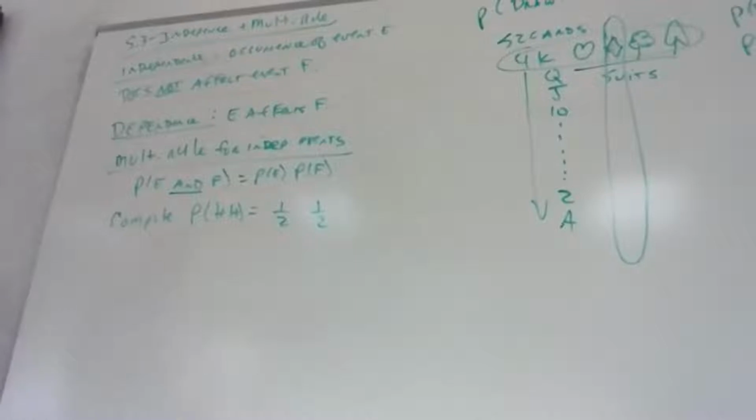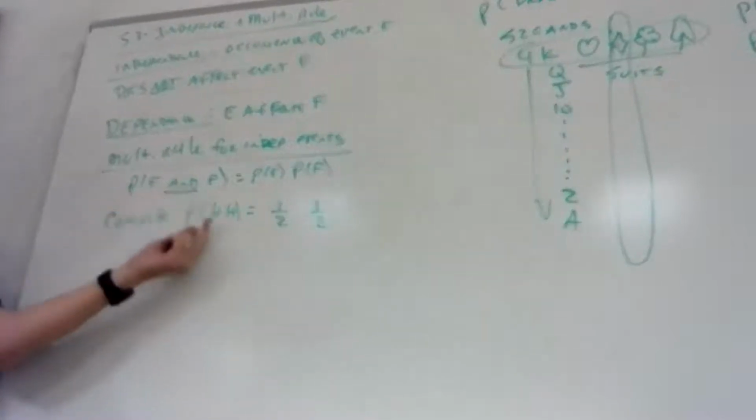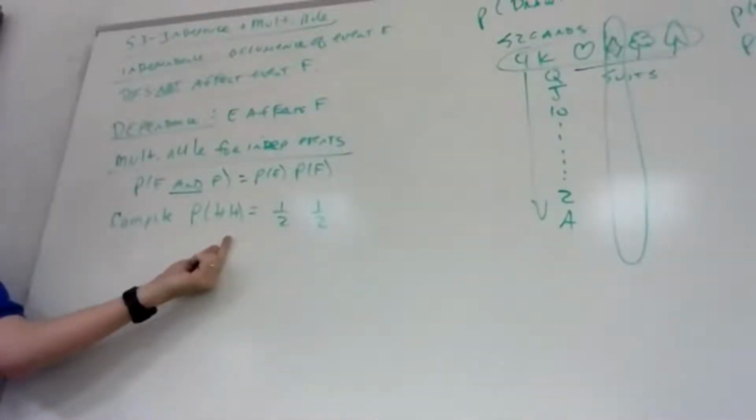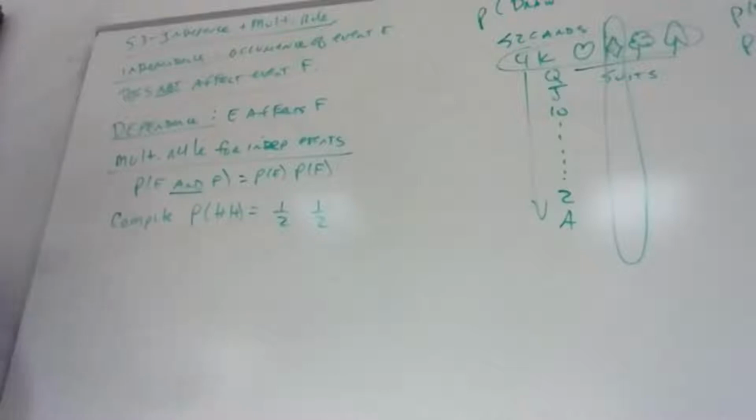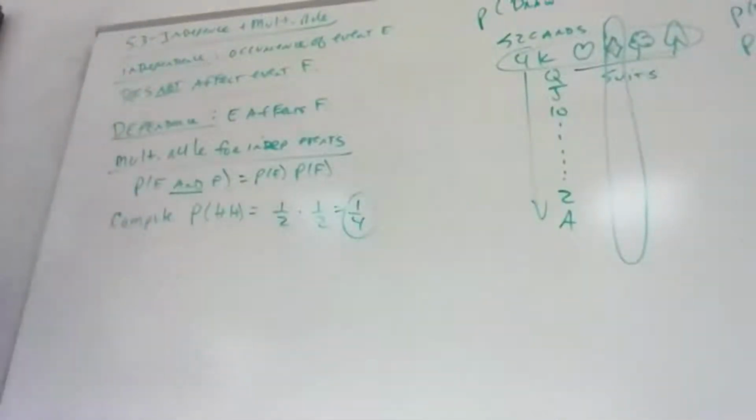I've got an and here, a head on the first try and a head on the second try. So do I add or multiply them? No, I'm doing the multiplication rule here. I'm going to multiply them. So 1/2 times 1/2 equals 1/4.